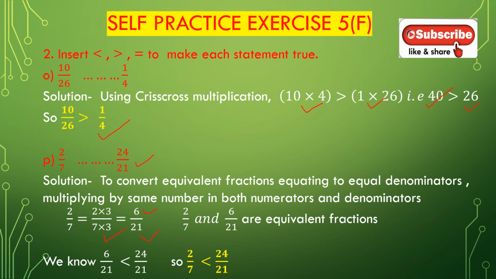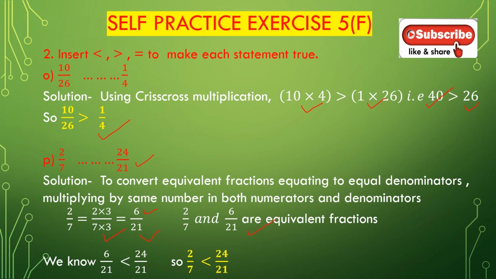So 6/21 and 24/21. 6/21 and 24/21 are now fractions with equal denominators.